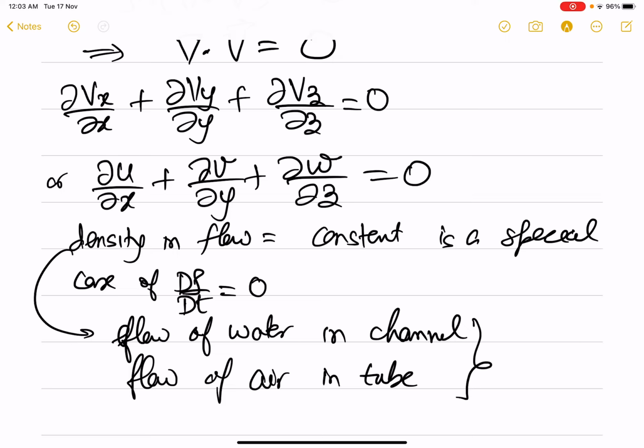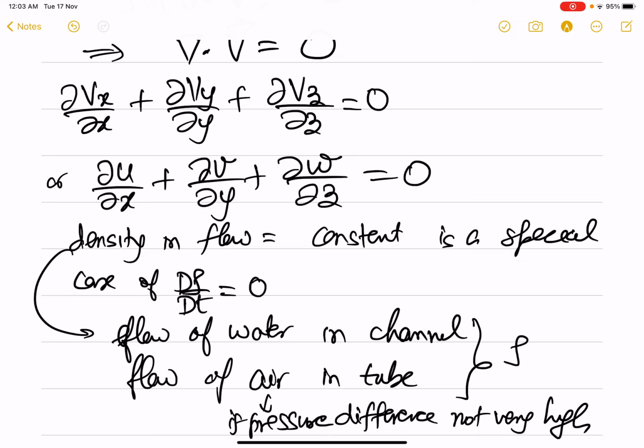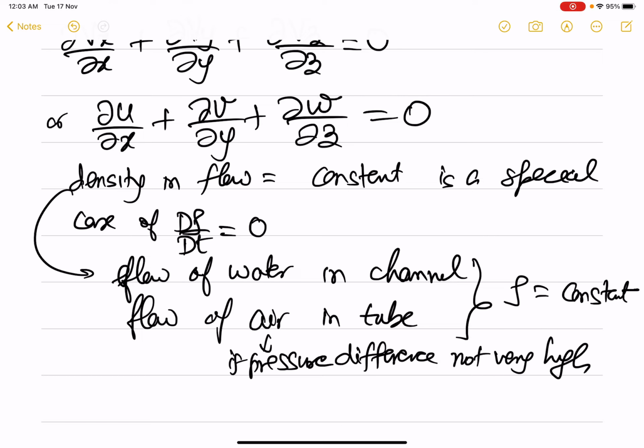In most of these cases, if flow of a gas, if pressure difference is not very high in the flow, then we will just assume rho is equal to constant. Now, I have said that this is a special case of d rho by dt is equal to 0 because even when rho is not equal to constant, d rho by dt may be 0.